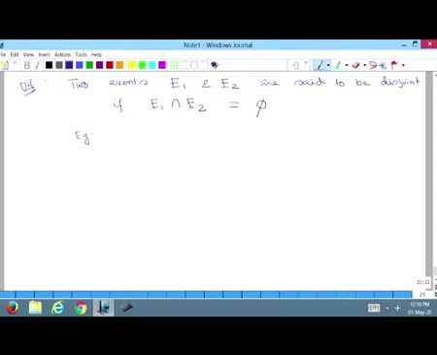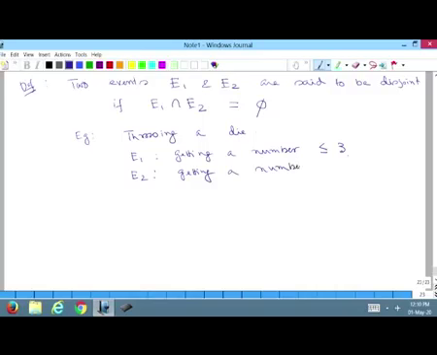Example: throwing a die, E1 is getting a number less than equal to 3. E2 is getting a number greater than 4. You can see that these are disjoint.